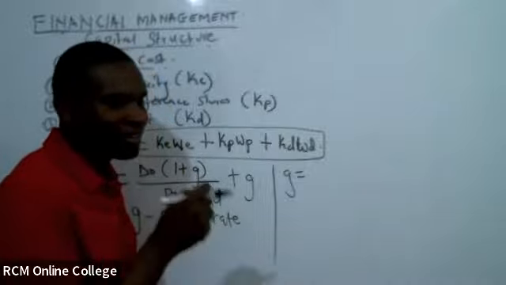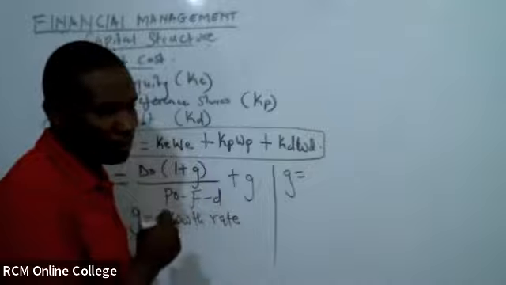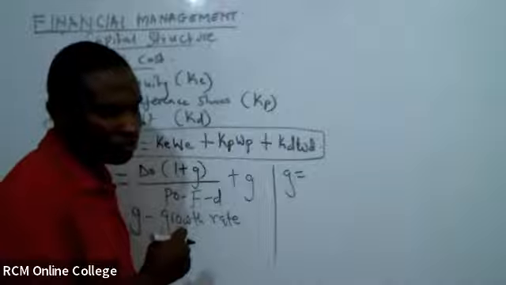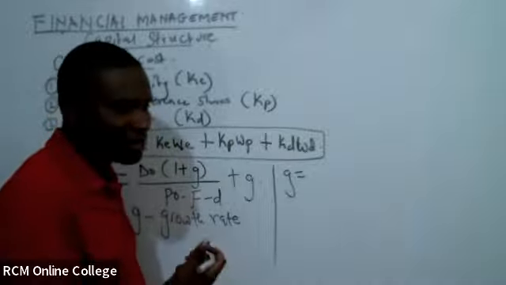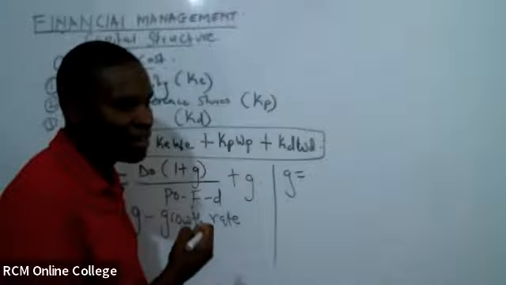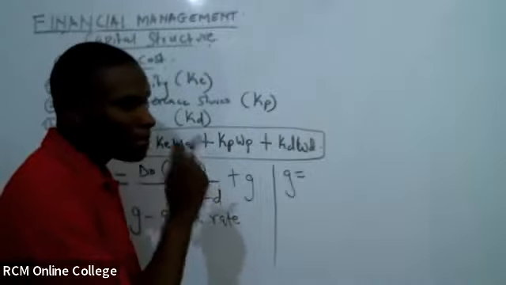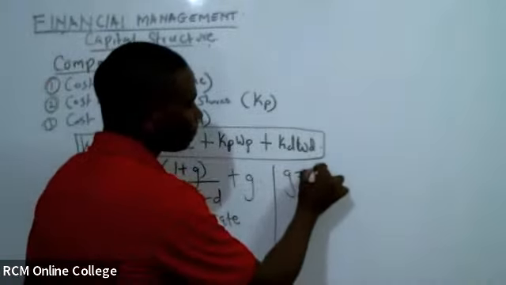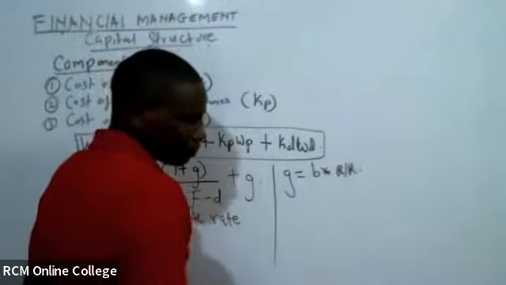The examiner, on the other hand, can give you the dividend payout ratio. So in the instances where the examiner has given you the dividend payout ratio, we say that G is given by B times the retention ratio.